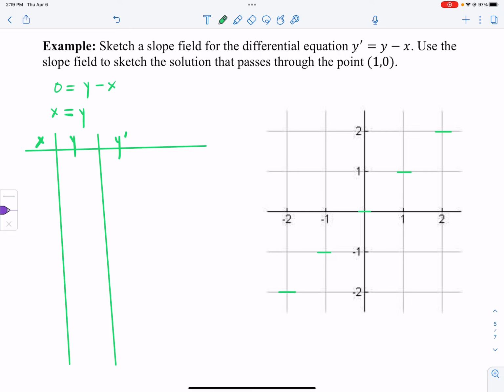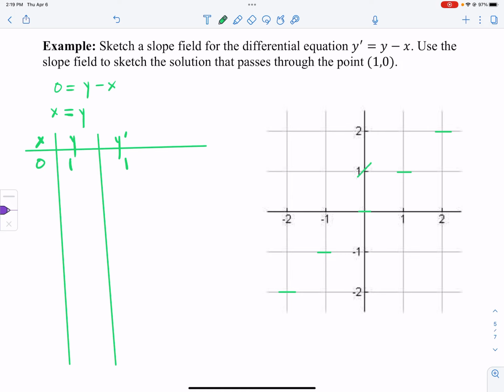And then we're going to actually sketch the solution that passes through the point 1, 0. Okay, so going through this, let's do 0, 1. So that would be 1 minus 0 is 1.